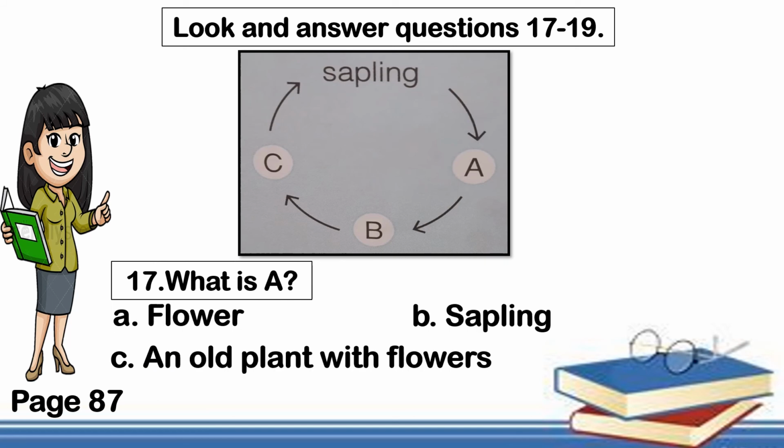Is it flower? Letter B, sapling? Or letter C, an old plant with flowers? What is letter A? Flower, sapling, or old plant with flowers?